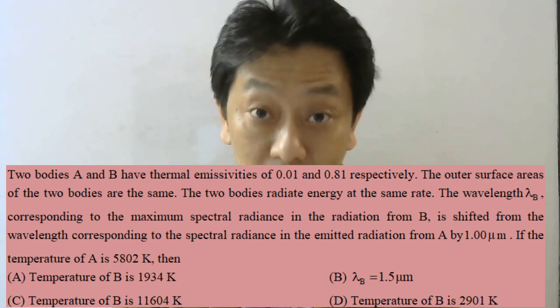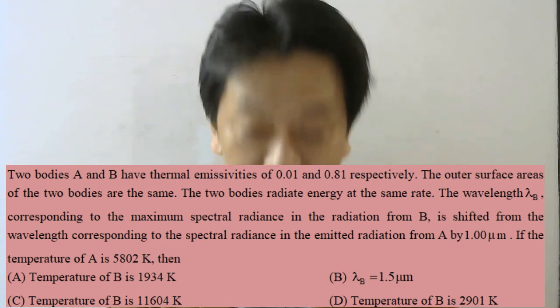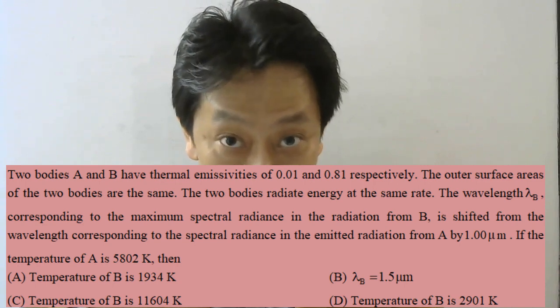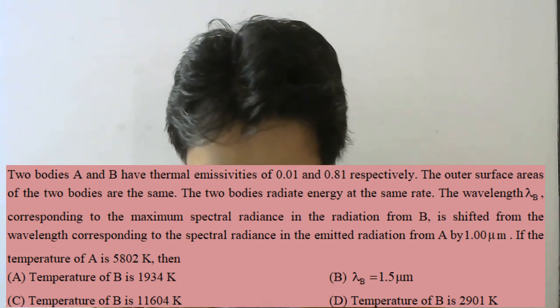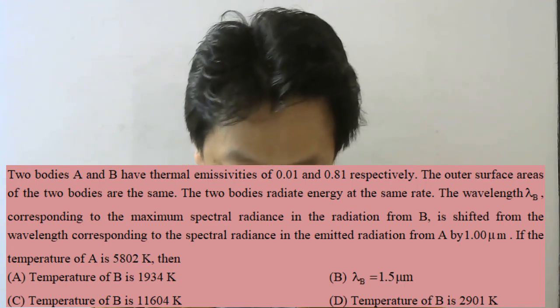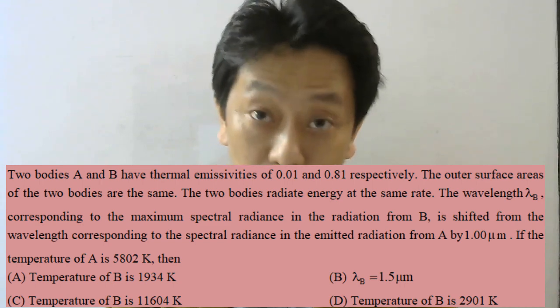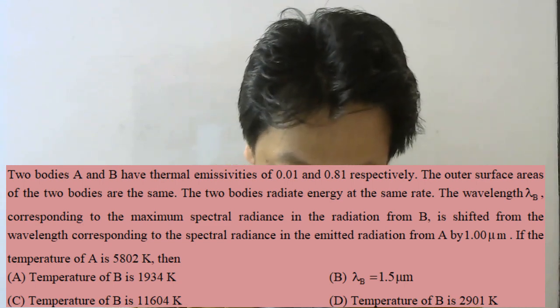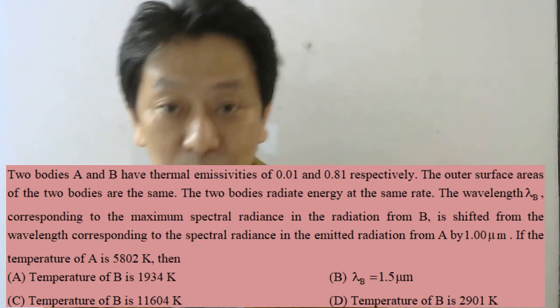The wavelength lambda B corresponding to maximum spectral radiation in the radiation from B is shifted from the wavelength corresponding to maximum spectral radiation in the radiation from A by 1 micrometer.